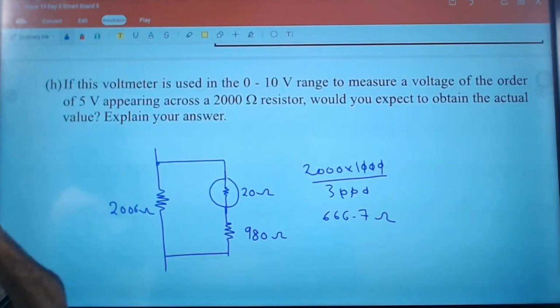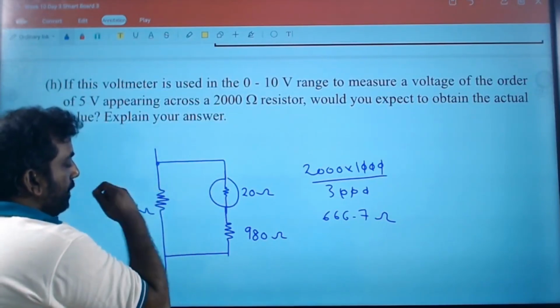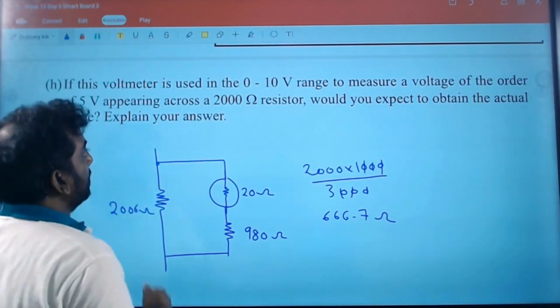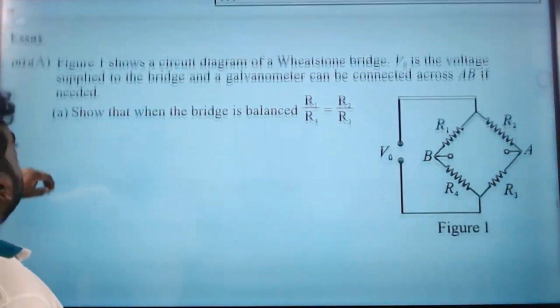Answer is no. We will obtain the voltage across the effective resistance acting due to 2000 ohm and 1000 ohm. Right.